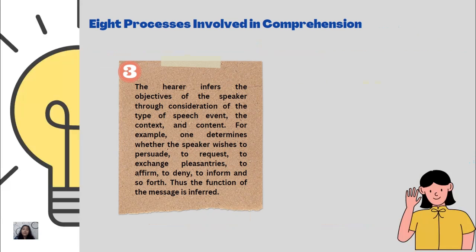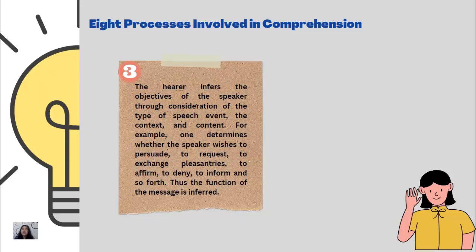For our third process, the hearer infers the objective of the speaker through consideration of the type of speech, the event, or the context. For example, one determines whether the speaker wishes to persuade, to request, to exchange pleasantries, to affirm, to deny, or to inform, and so forth.